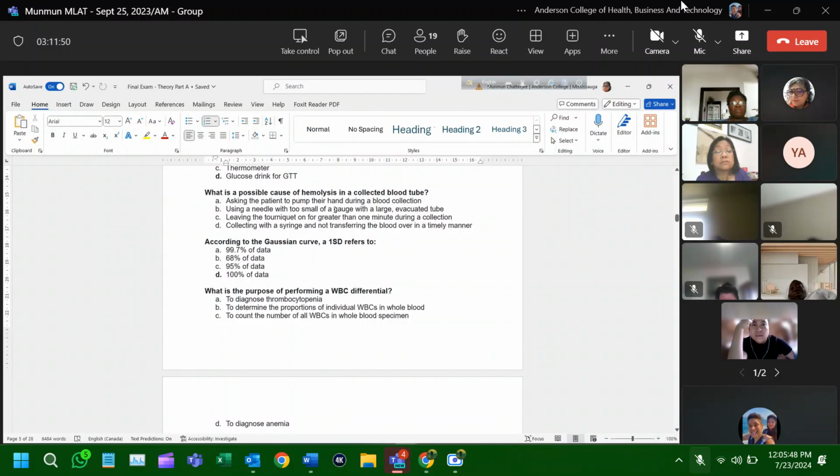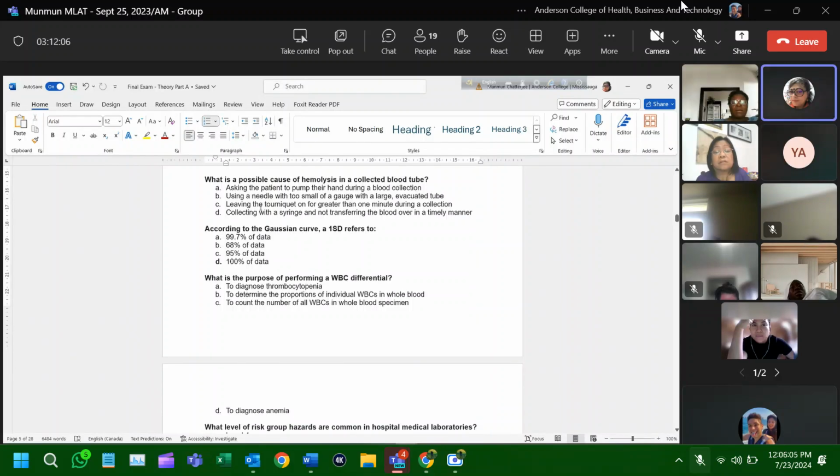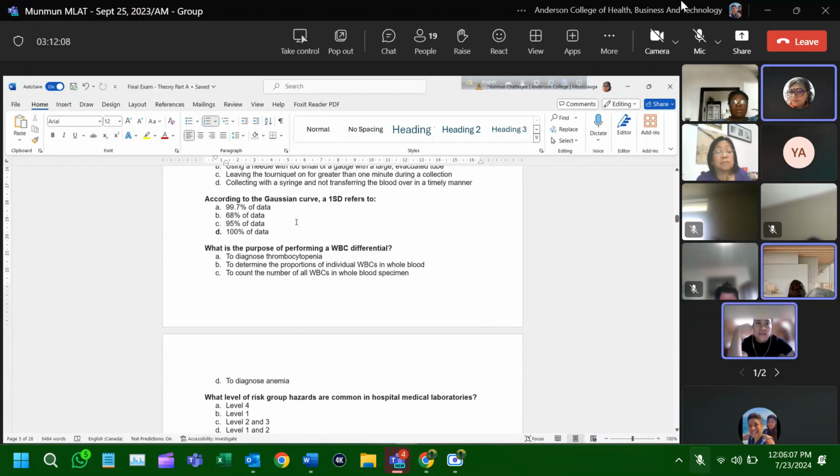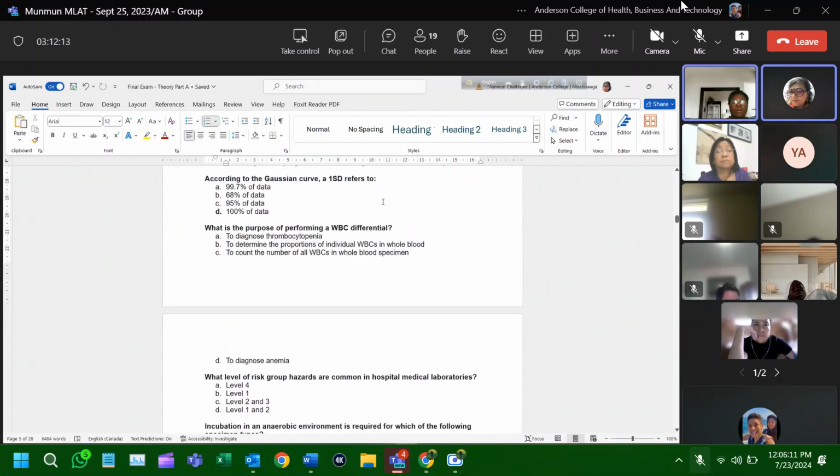Hemoconcentration is a different thing. The needle gauge can lyse the cells. It looks like B is the best answer. Yes, the needle.